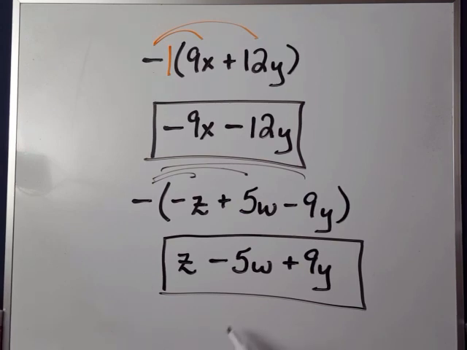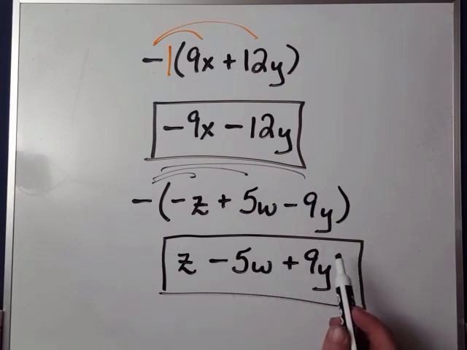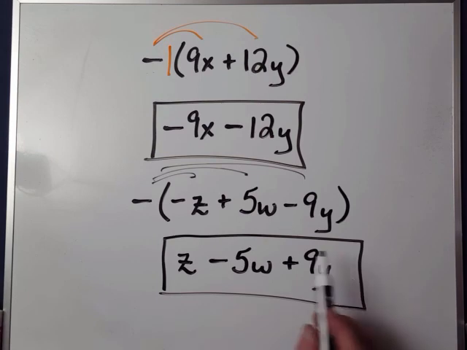Identity, something plus 0 is itself, something times 1 is itself. Inverses, you add two opposites, you get 0, they cancel. You multiply two reciprocals, you get 1, they cancel. So be sure that you can distinguish between especially identity and inverse properties. All right, you should be able to get started on that homework now.